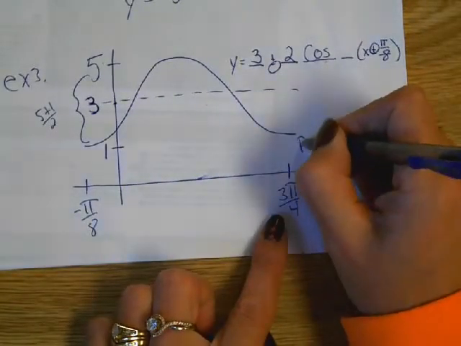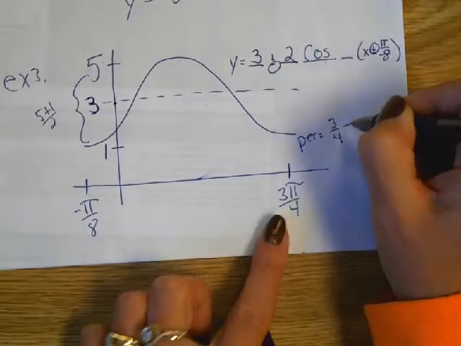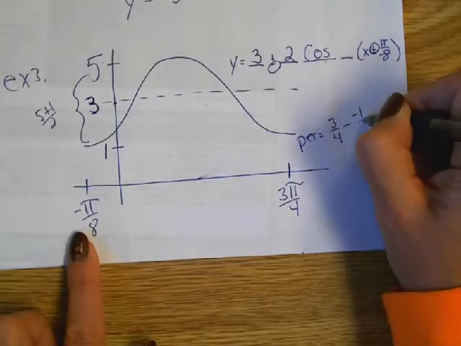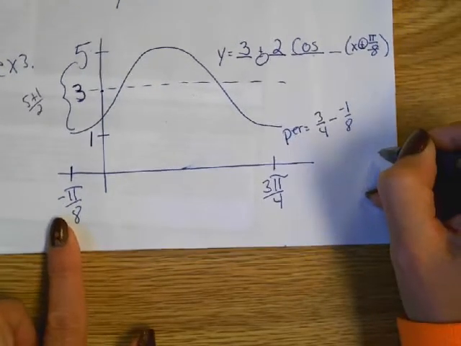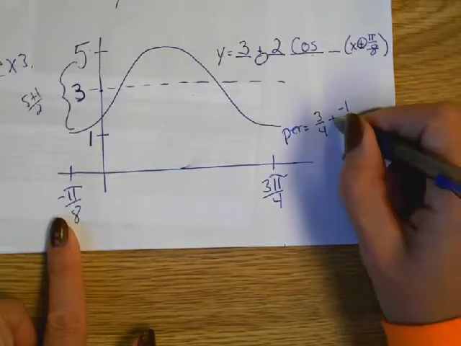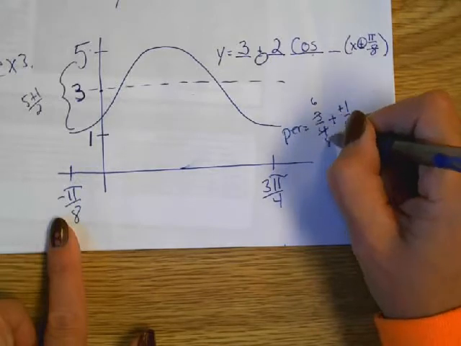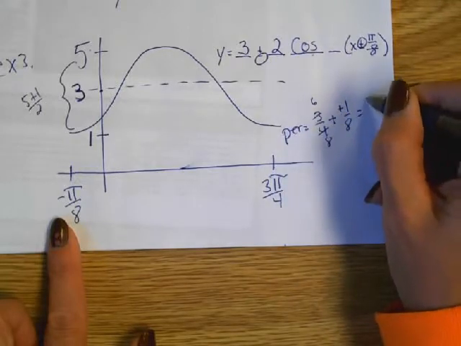So period is 3/4 minus this negative 1/8. Which means I need a common denominator. So I'll multiply by 2. So 7/8.